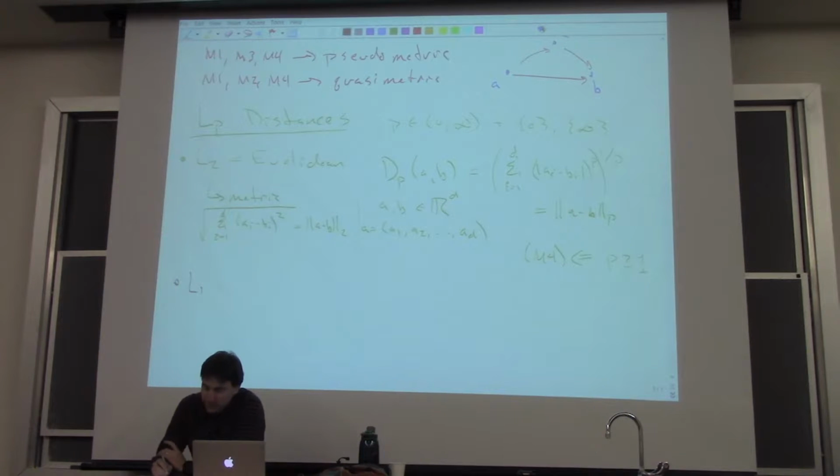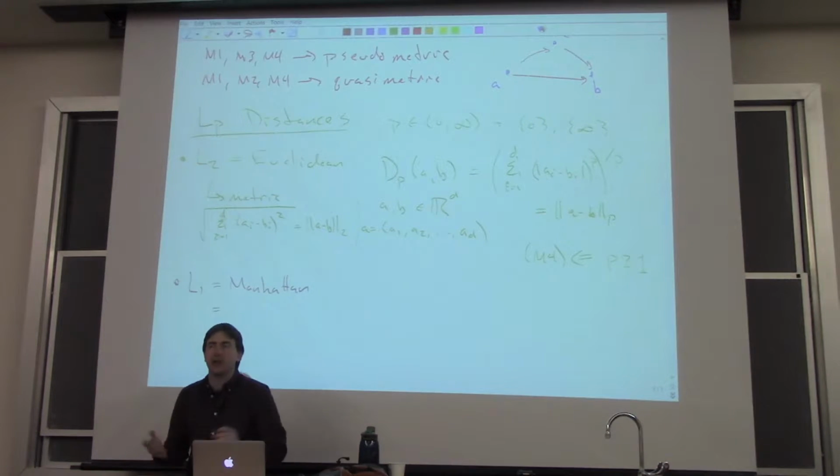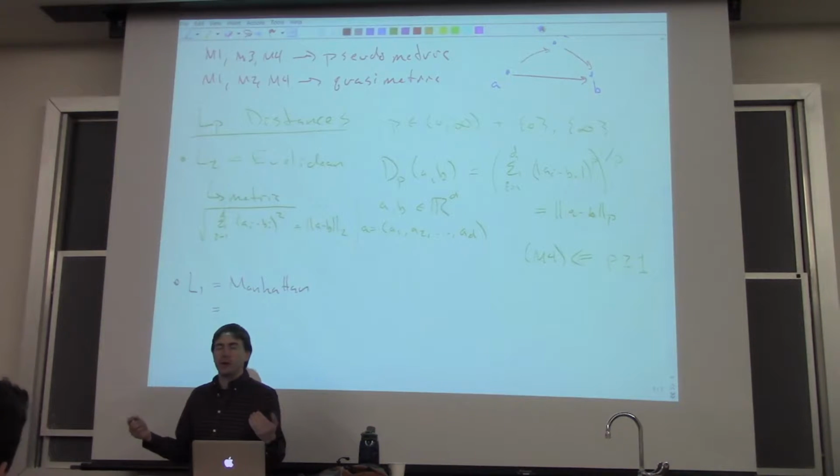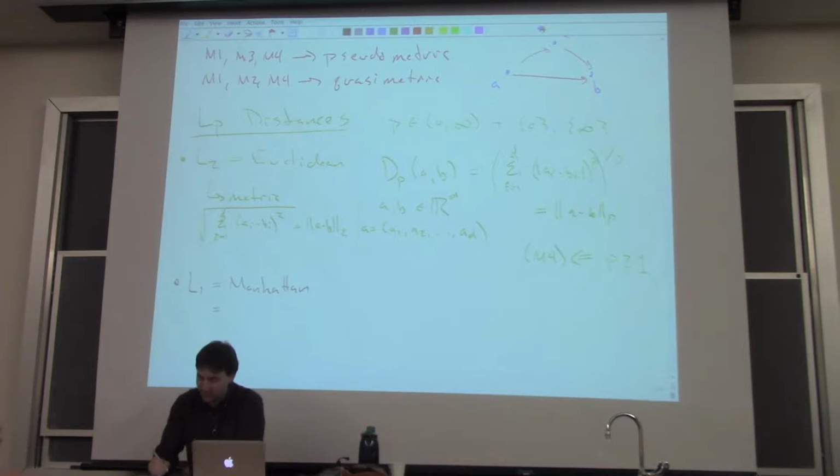So the L1 distance is often called the Manhattan distance. The reason for that is it's like if you're standing on one street corner and you want to go to another street corner, you have to go up so many streets and then over so many other streets. And you can't walk through buildings. So this is similar to when a city's laid out on a grid.